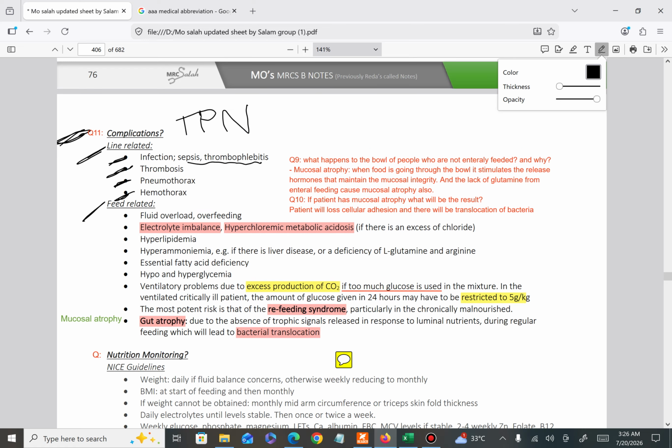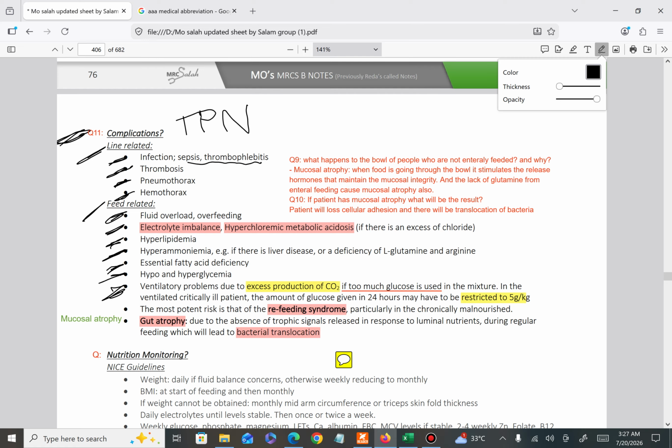Feed related include fluid overload or overfeeding, electrolyte imbalance like hyperchloremic metabolic acidosis, hyperlipidemia, hyperammonemia, essential fatty acid deficiency, hypo and hyperglycemia, ventilatory problems due to excess production of carbon dioxide if too much glucose is used in the mixture.